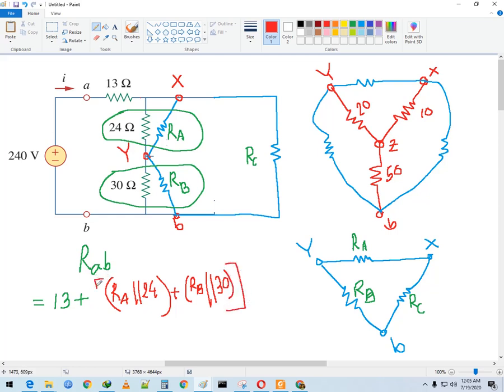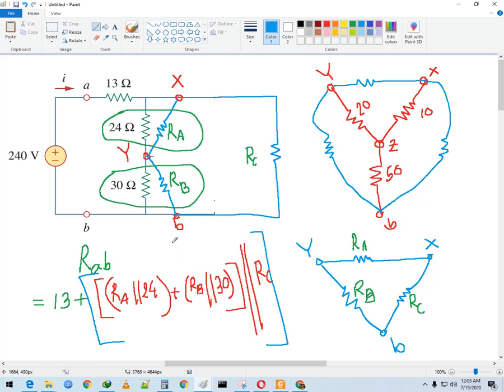Since these two are in series, and before that we cannot add this together because we have another parallel element, we should write these two are again in parallel with RC. So the overall expression becomes something like this. I know it becomes very complicated, but when you do these kinds of problems, it will be much easier, trust me.